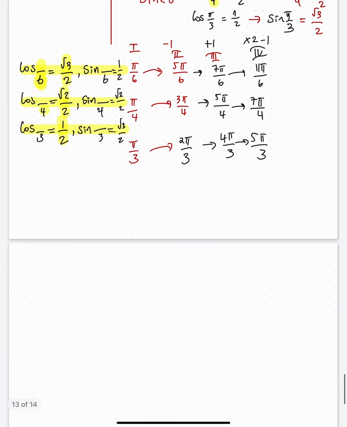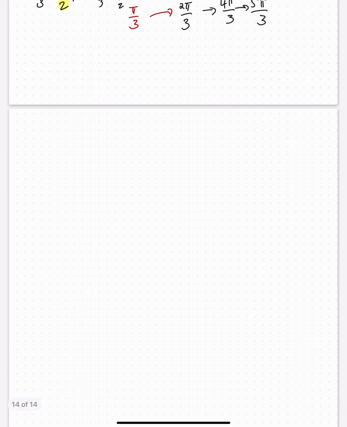For example, I give you cosine 3 pi over 4. We can see the denominator of the angle here is 4, so that will be square root 2 over 2, as I told you.